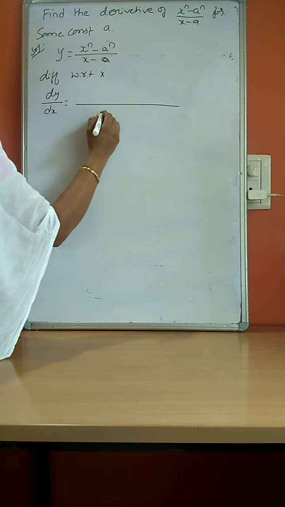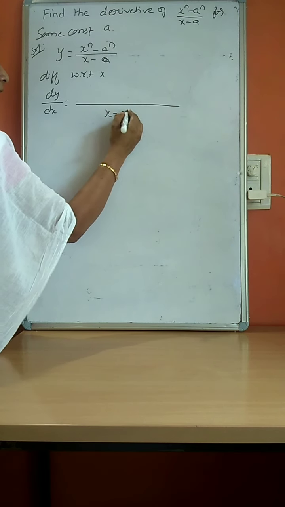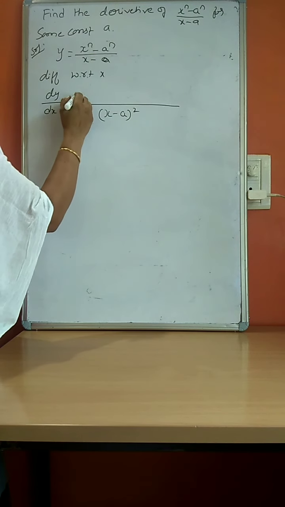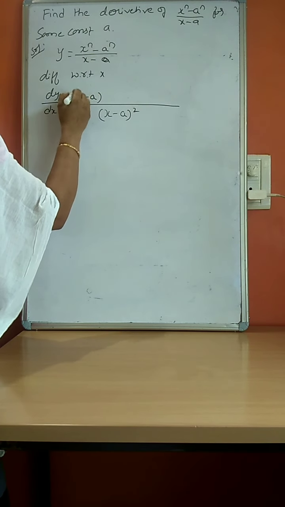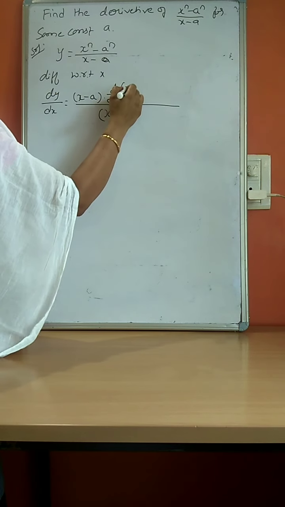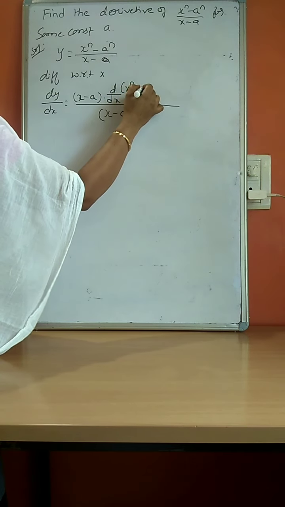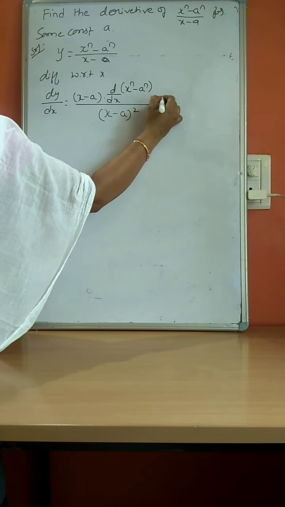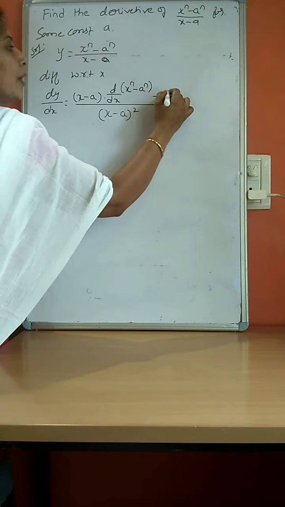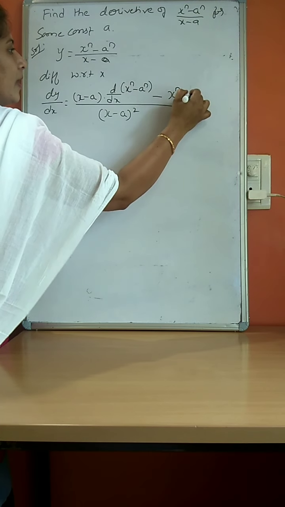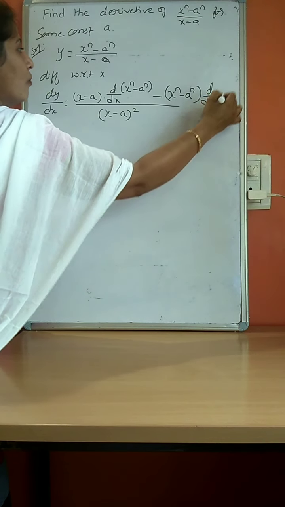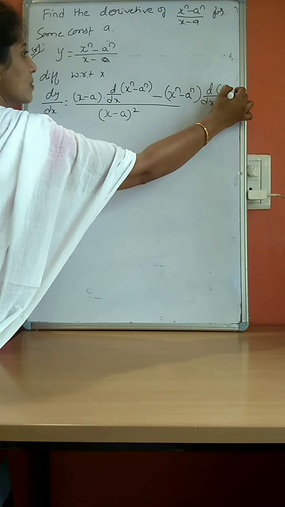Whatever the denominator is, take down denominator x minus a whole square into here x minus a into differentiation of numerator x to the power of n minus a power of n, minus numerator x to the power of n minus a power of n into d by dx of denominator x minus a.